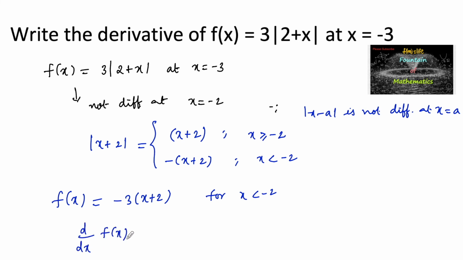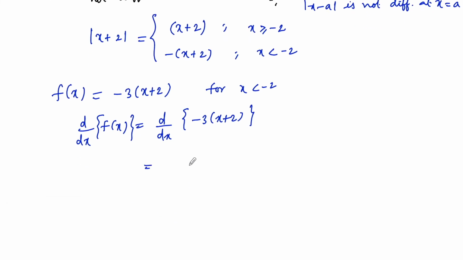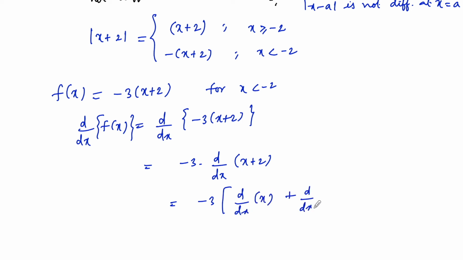Differentiation of f of x which is equal to d by dx of minus 3 times of x plus 2, which is minus 3 times d by dx of x plus 2, that is minus 3 times of d by dx of x plus d by dx of 2.